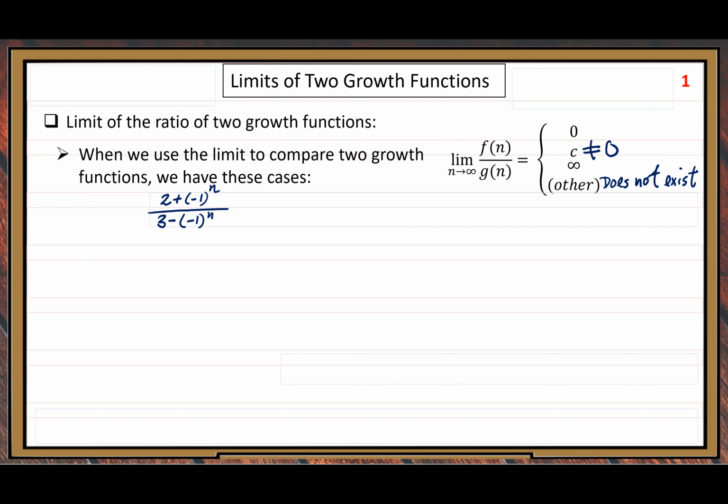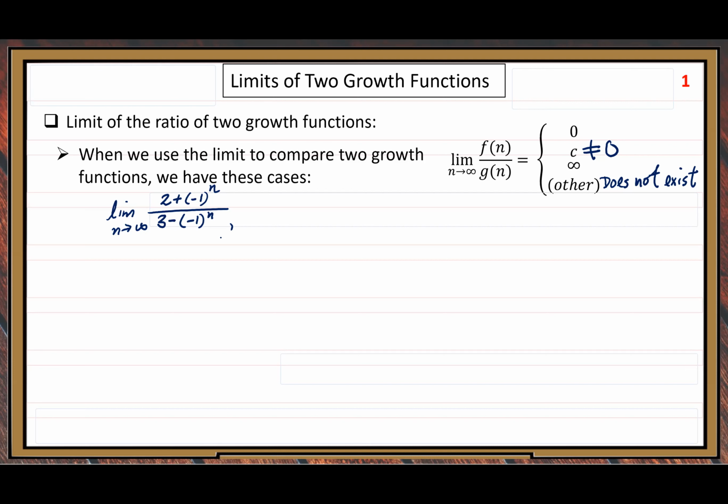Let's consider the ratio of this limit. Does this limit exist? This f of n over g of n.